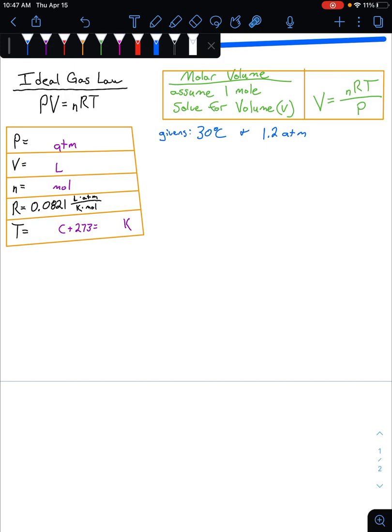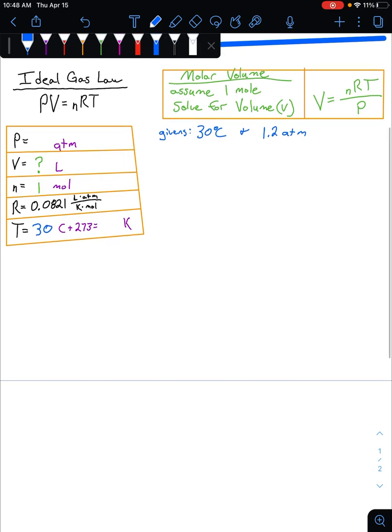All right, again, what we want is how many liters per mole. So to do that, we assume 1 mole, and we want to know how many liters that 1 mole will occupy at whatever the pressure and temperature are given in the problem. In this case, 30 degrees Celsius plus 273 brings us to 303 Kelvin.